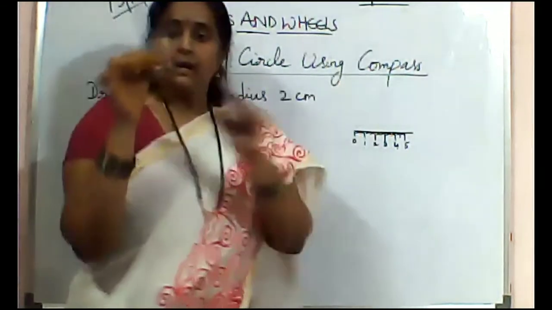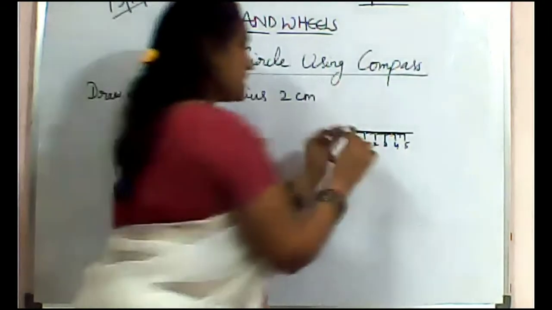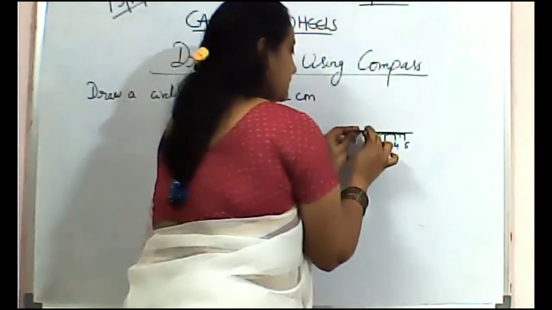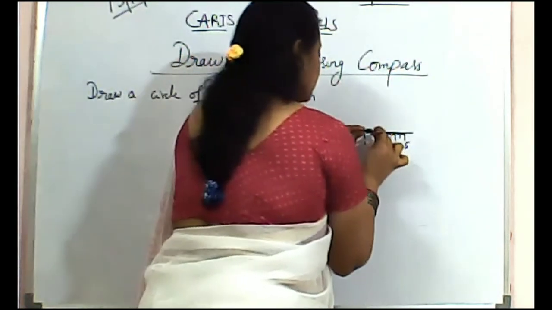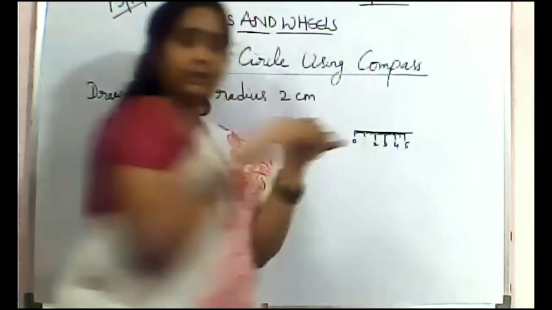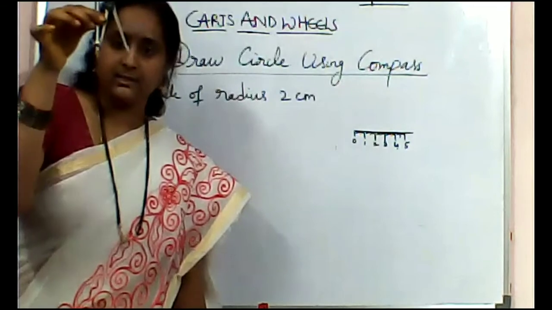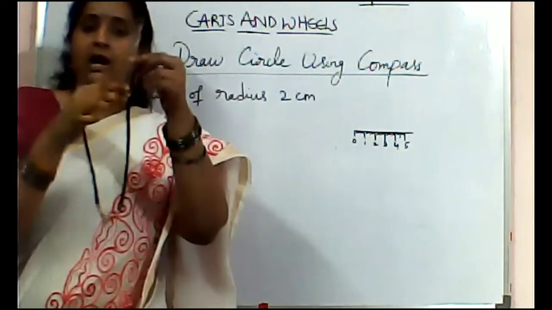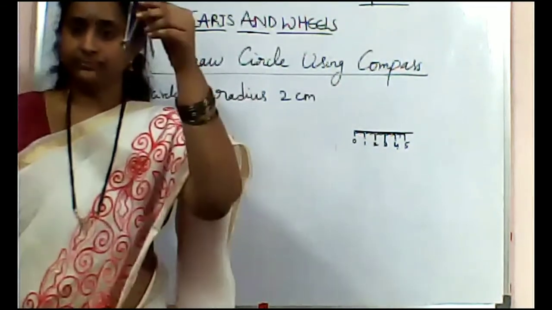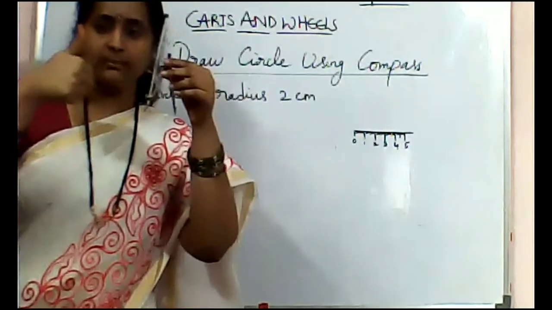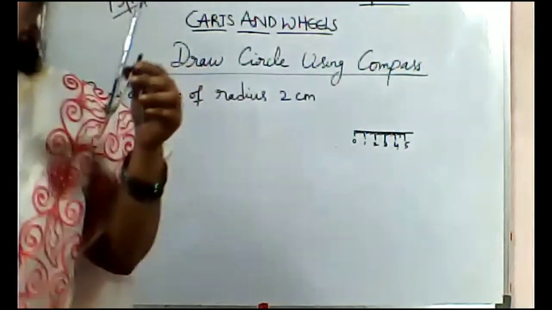Now keep the point of compass at 0 and the point of pencil at 2. Now I have taken the radius of 2 centimeters. All of you done it? If you completed, show your thumb. Very good.